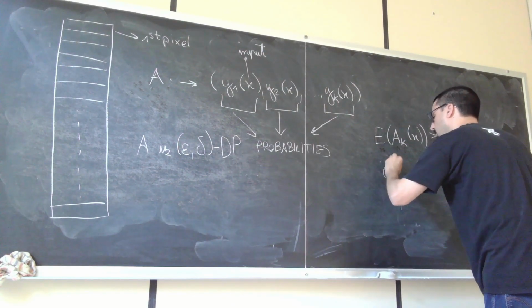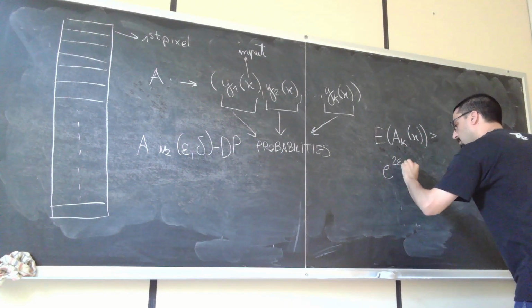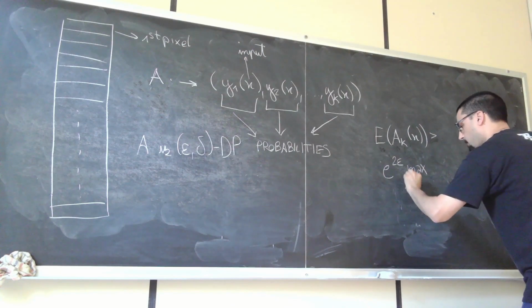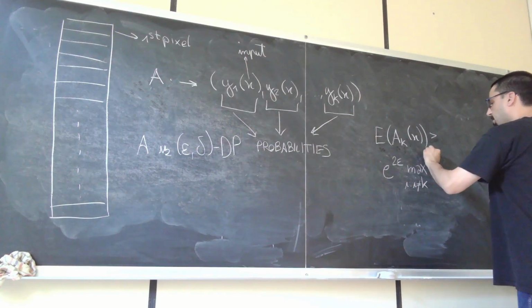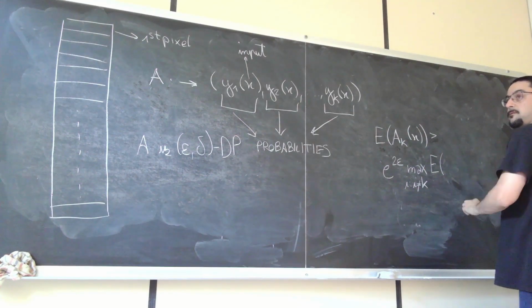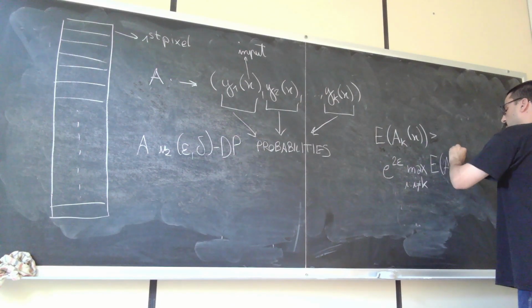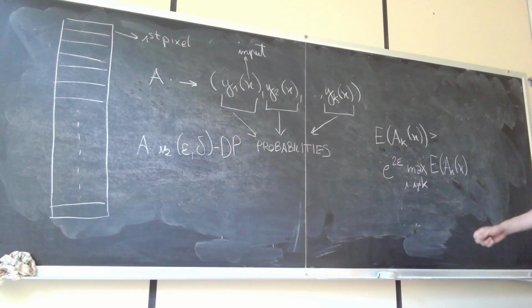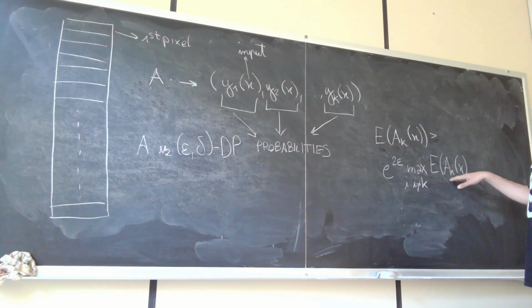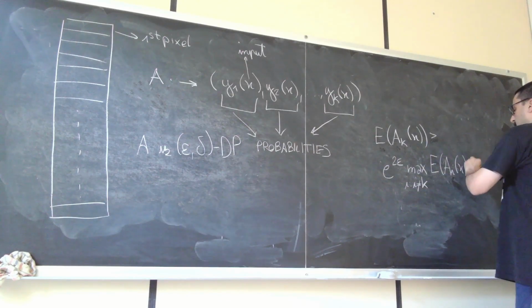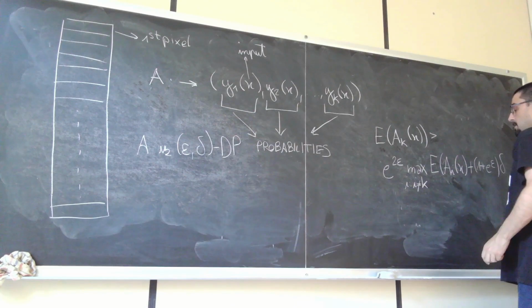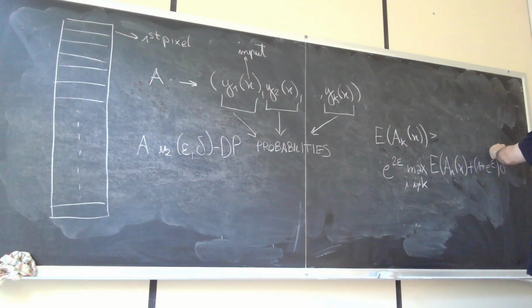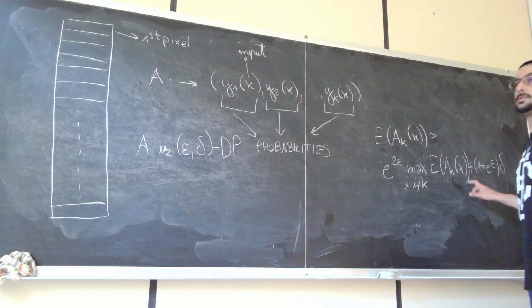So we have e to the epsilon times the max over I different from K of the expected value of the randomized algorithm computed over the input X for the class I, plus this constant, which is very small: 1 plus e to the epsilon, times delta. I forgot a parenthesis here.